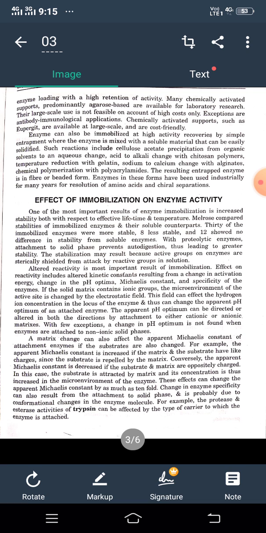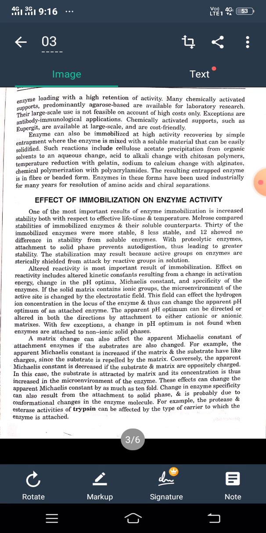Such reactions include cellulose acetate precipitation from an organic solvent to an aqueous change, acid to alkali change with chitosan polymers, temperature reduction with gelatin, sodium to calcium change with alginate, and chemical polymerization with polyacrylamides. The resulting entrapped enzyme is in fiber or beaded form. Enzymes in these forms have been used industrially for many years for resolution of amino acids and chiral separation.